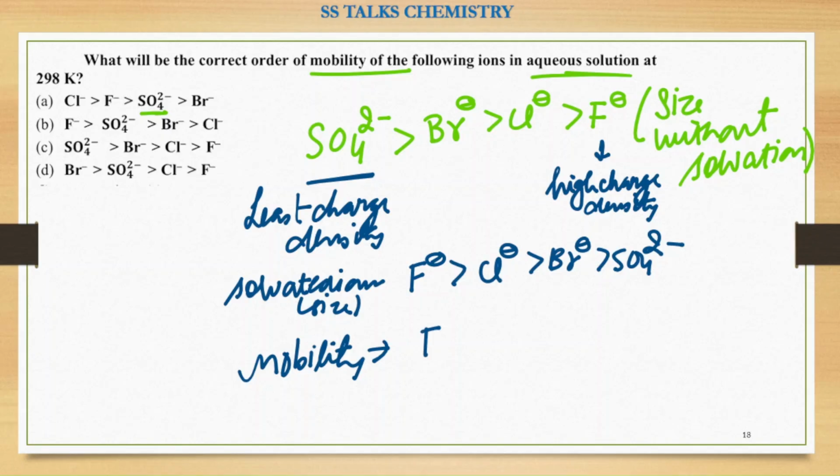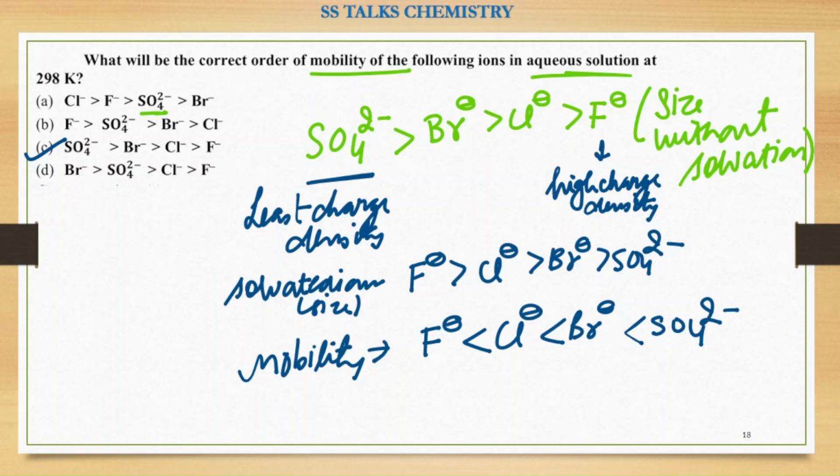So fluorine negative is going to have the least, followed by chlorine, then bromine, and the maximum is going to be for the sulfate ion. This is the order that you are going to observe for the conductance. So sulfate, then bromine, then chlorine and fluorine, that is given to us in option C in this case.